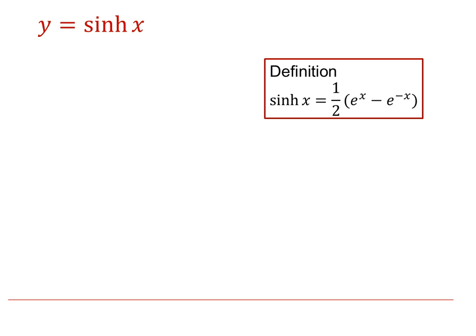For the function sinh x, the definition is that it is half of (e to the x minus e to the minus x). So where it differs from cosh x is in the sign here.